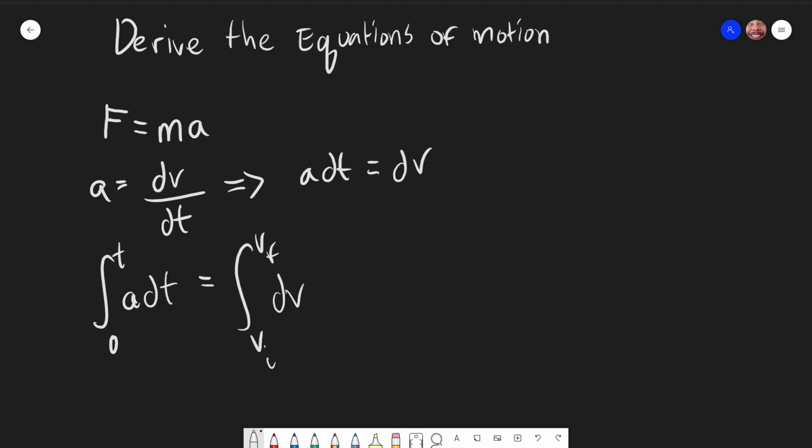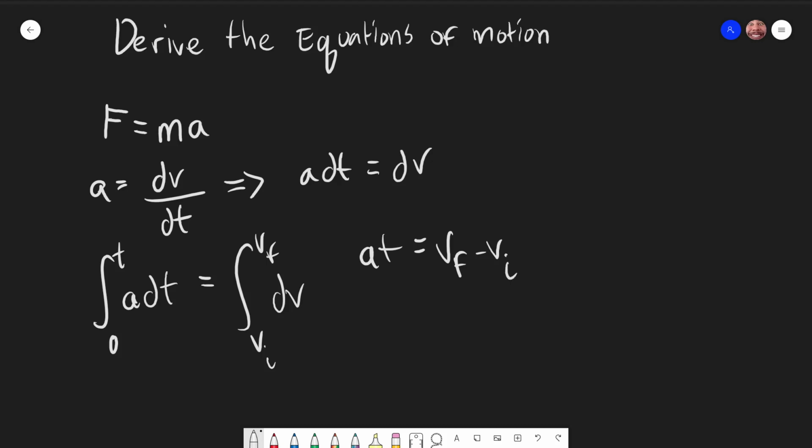For the first integral, if we plug in the values and evaluate it the same way we do with every other definite integral, you just get a times t. For the second integral, you would just get vf minus vi.